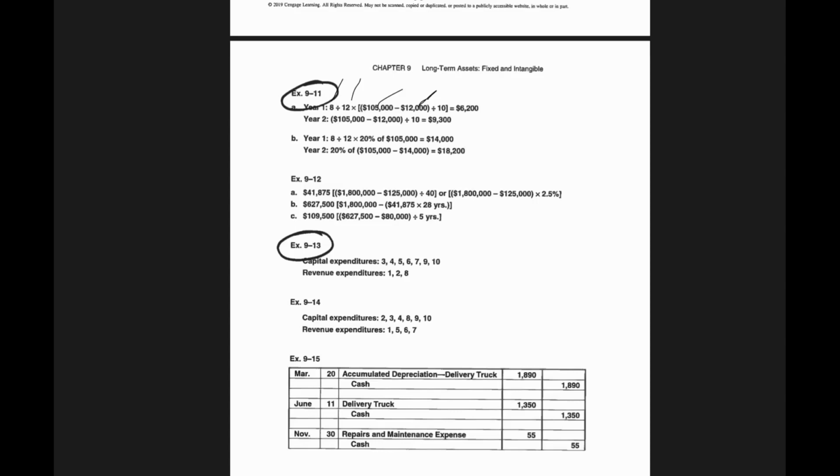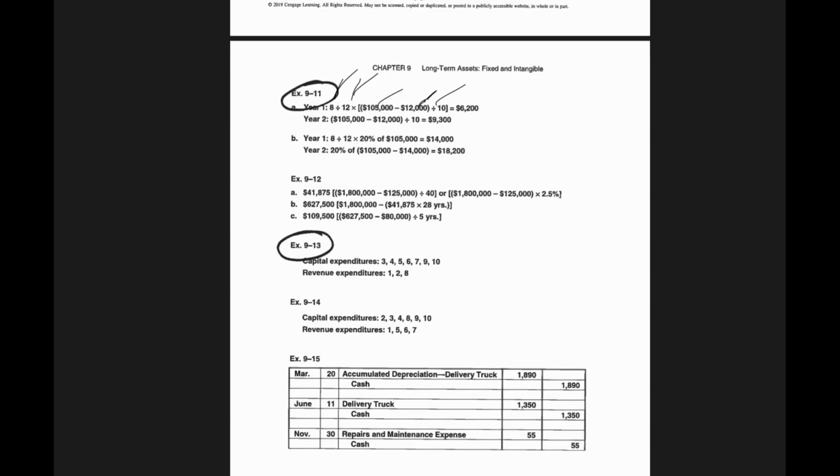Excuse me, I missed a step here. So 105 minus 12, there is your cost that you're going to depreciate, divided by 10, because there's a 10-year life. But then this first year, we're only going to take it 8/12.